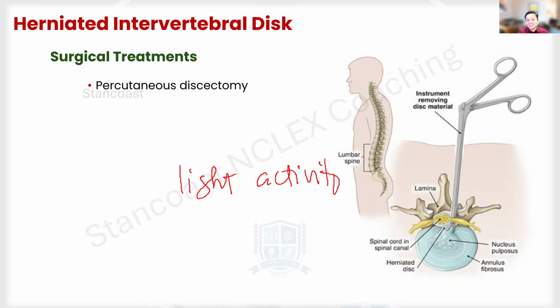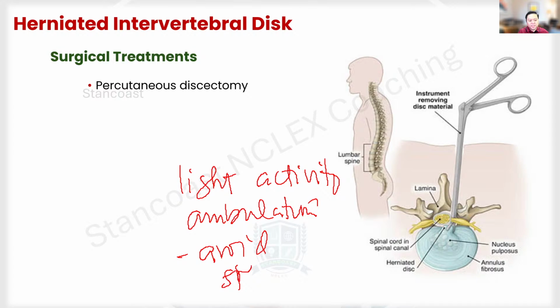Light activity, ambulation, and avoiding strenuous activities. Heavy lifting, no. Avoid strenuous activities. Bending at the waist or hip area, no. We're also going to have to do the neurovascular assessment. Don't forget about the CSM, circulation, sensory, and motor function as well.